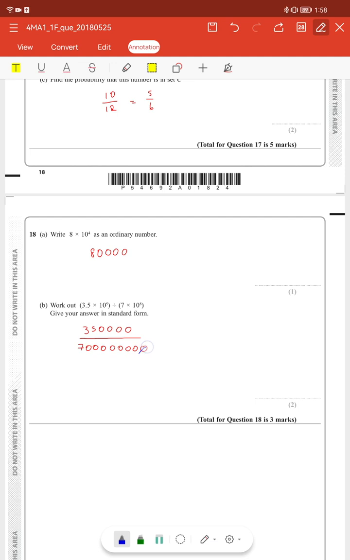And then we can cross out a bunch of these zeros. You can actually put this into your calculator, and that should give you 5 times 10 to the minus 4.